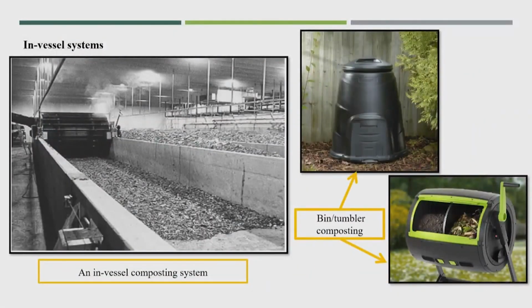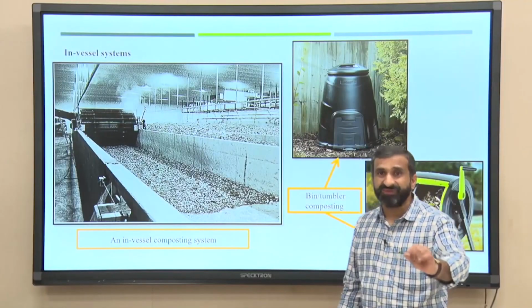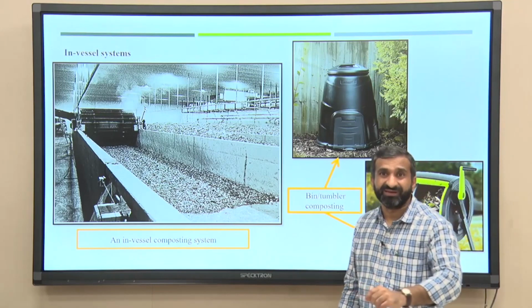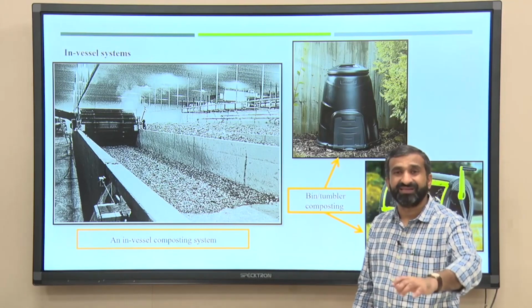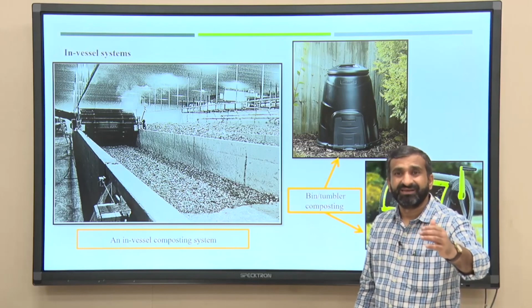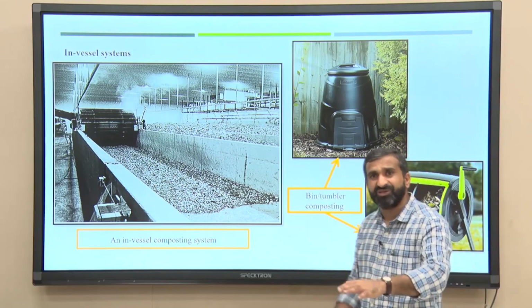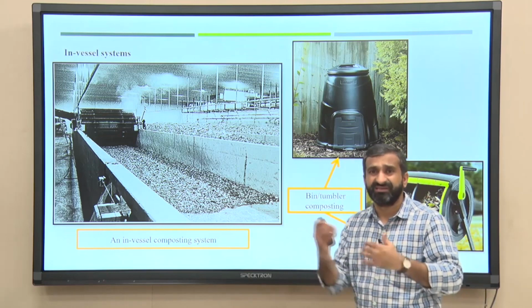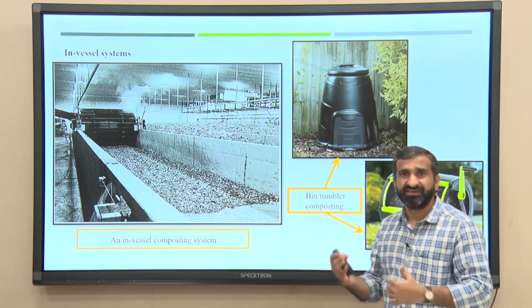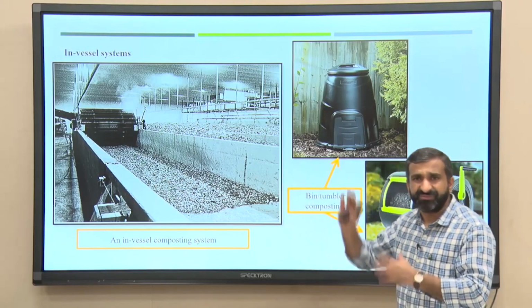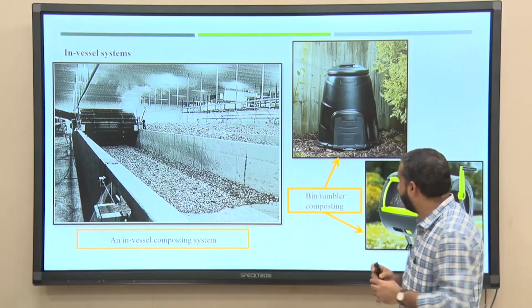But here you need to remember that aeration is very important, because again and again I am saying that composting is an aerobic degradation process. So, even in a vessel, how best you can aerate the mass inside determines which different types or designs are available.